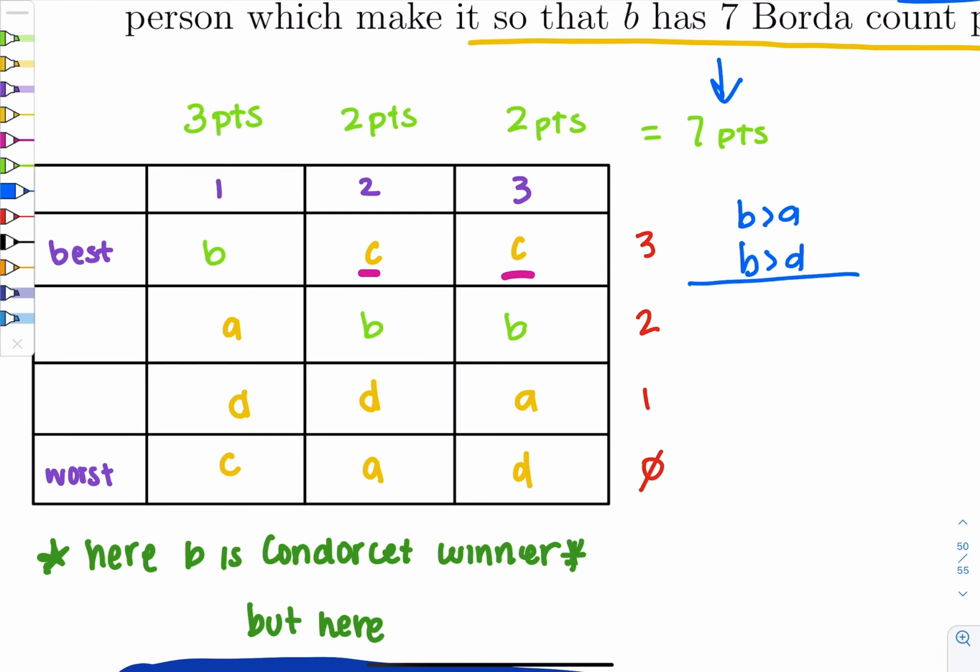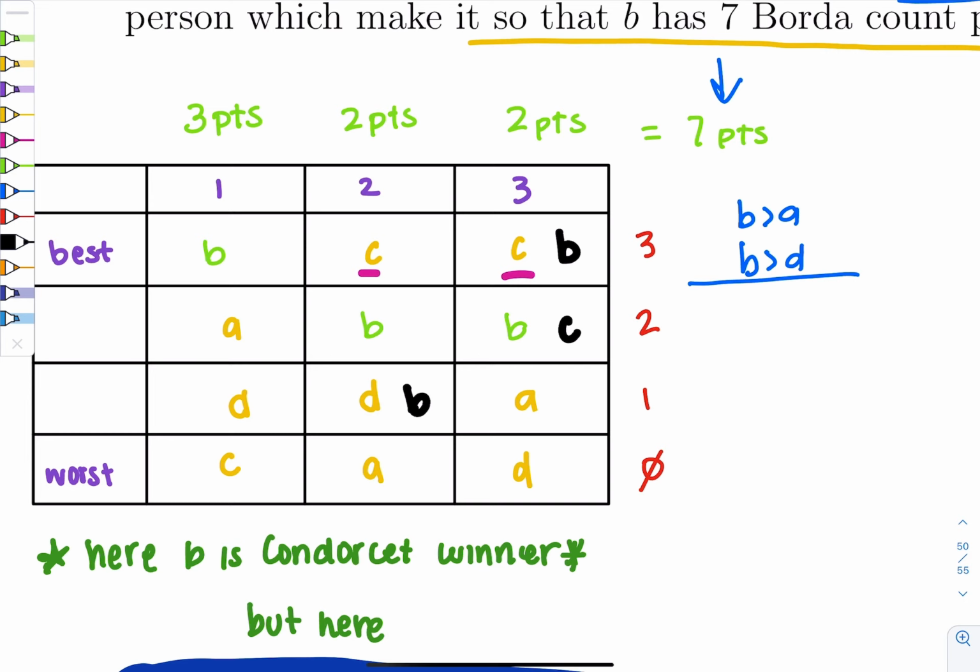And while yes, there is a way for B to be the Condorcet winner and to also be the Borda count winner, B would have to be right here. This could be C. And then B could be here.